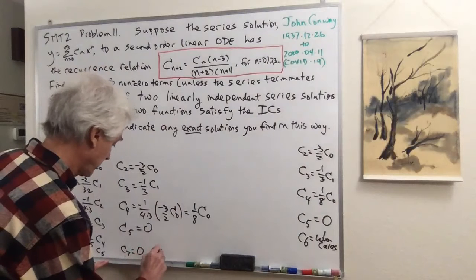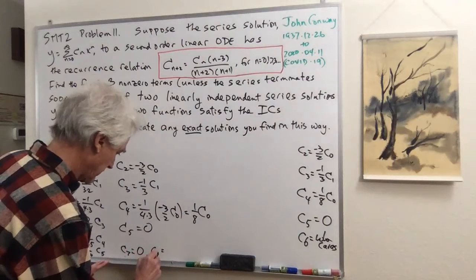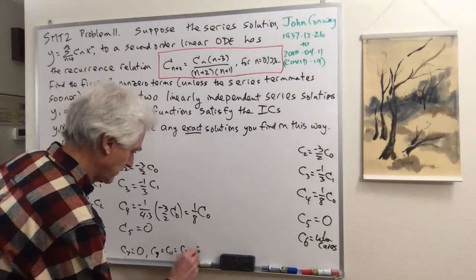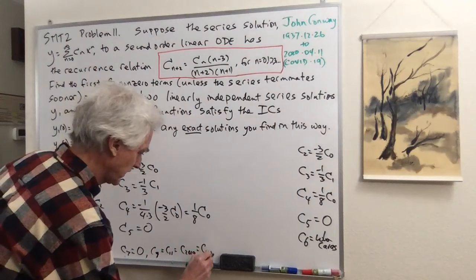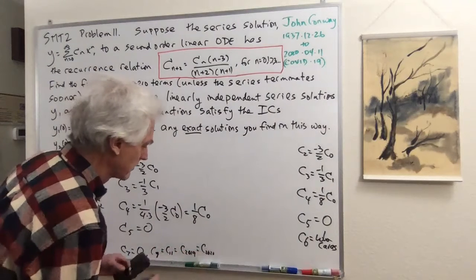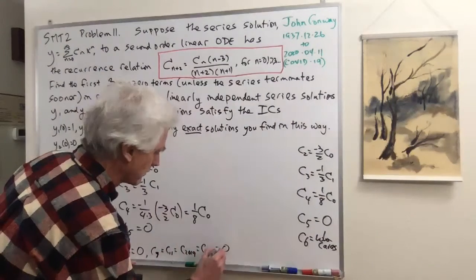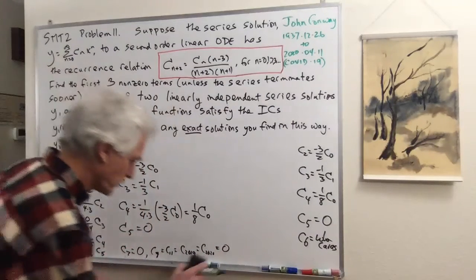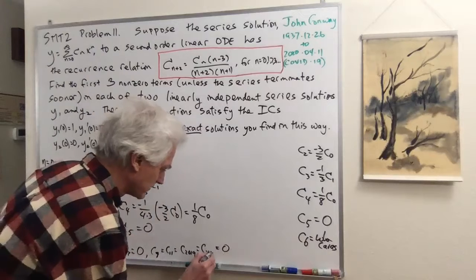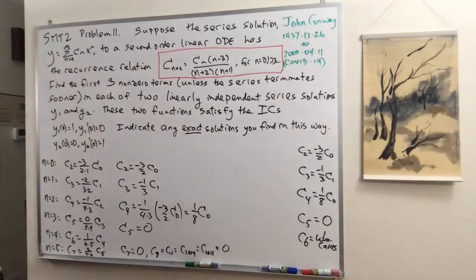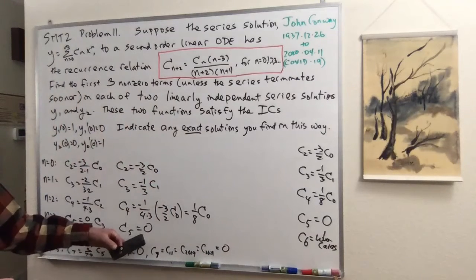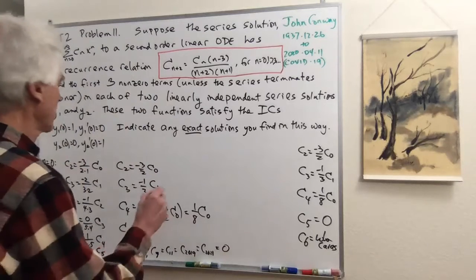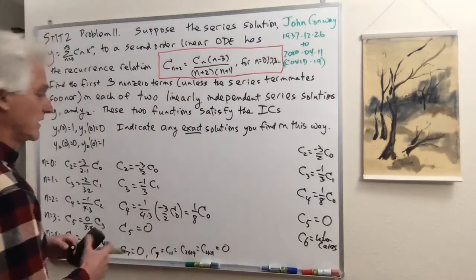In fact, C9 equals C11 equals C2019 or C2020. That's 0 as well. 2021. C sub any odd, if that odd is 5 or bigger, is 0. Right? So let's just plug that in.